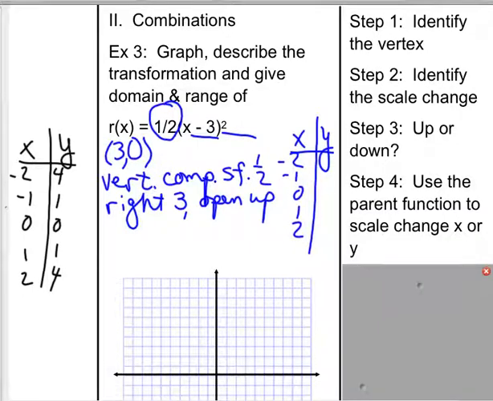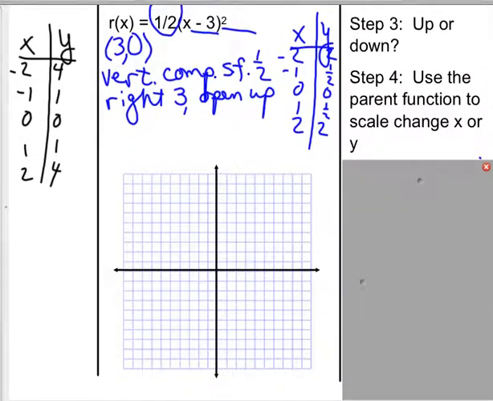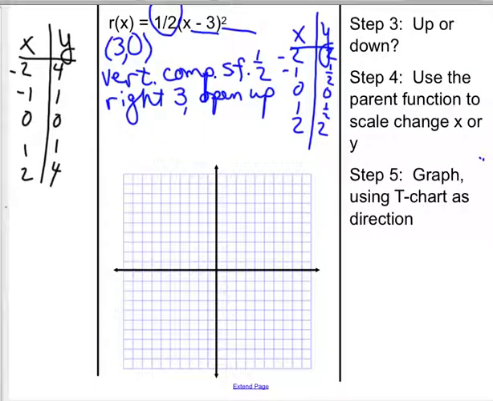And I'm going to multiply my y values by the scale factor of 1/2. Now these are going to become directions because I'm going to graph, first of all, my vertex. Plot your vertex first, and then use your t-chart for directions from your vertex.